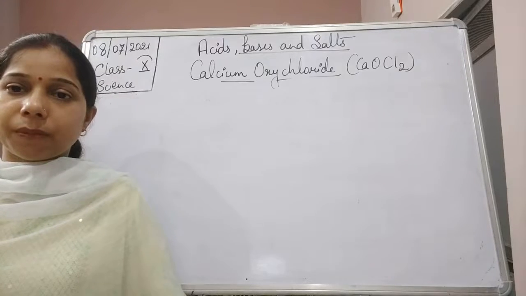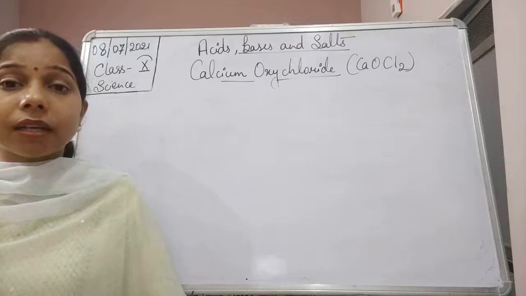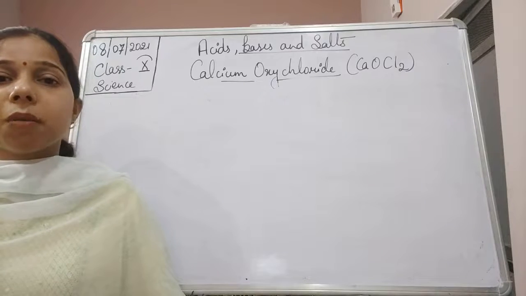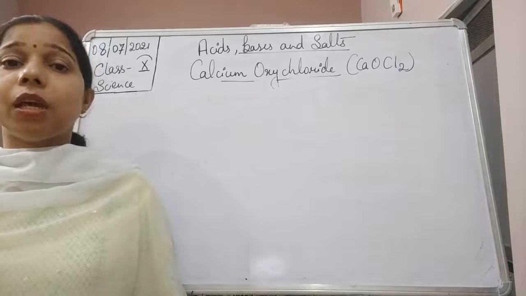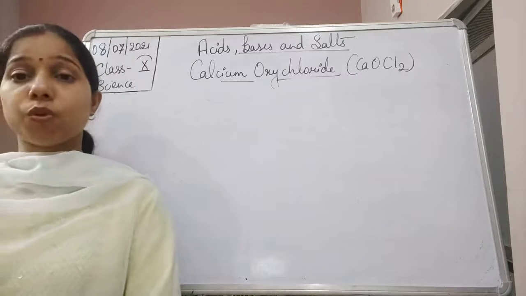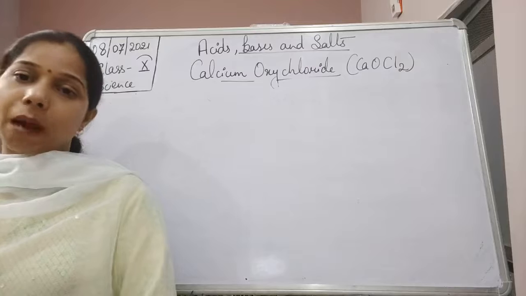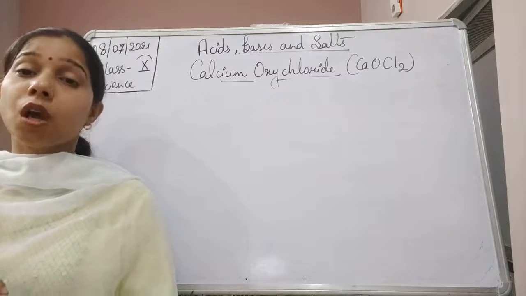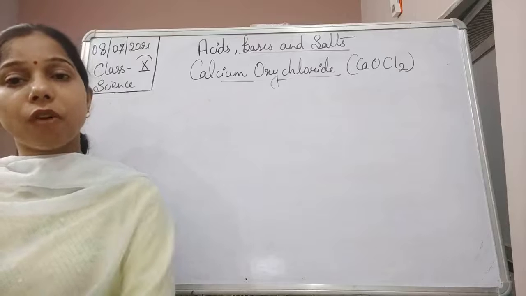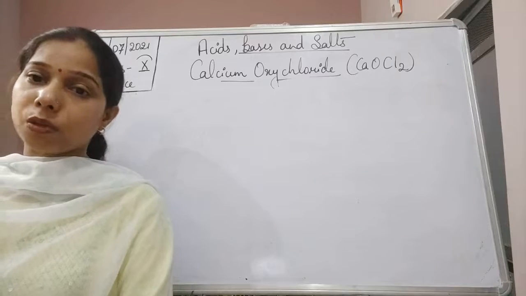Students, which is also called washing soda. Moving on, we have started with calcium oxychloride. Calcium oxychloride is CaOCl2, which is also called bleaching powder. Basically, how is calcium oxychloride formed, students? Remember when we were preparing sodium hydroxide.